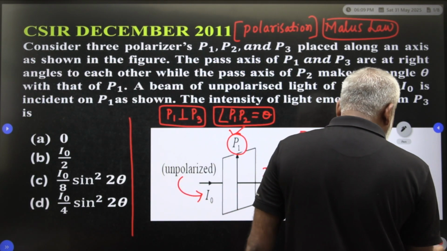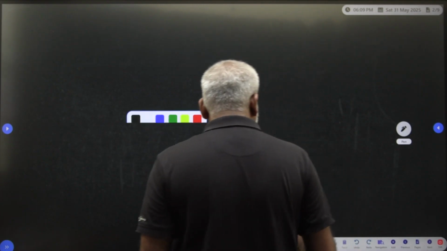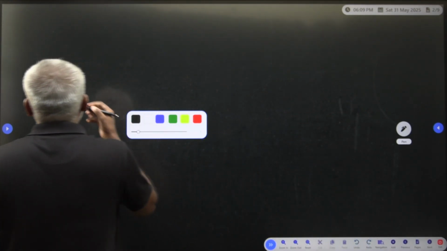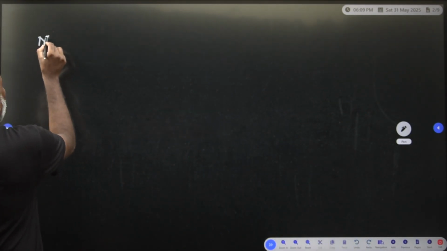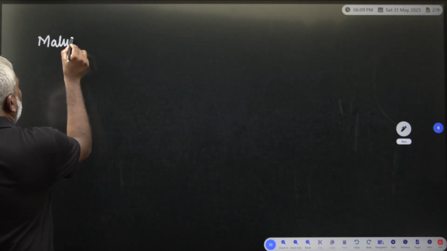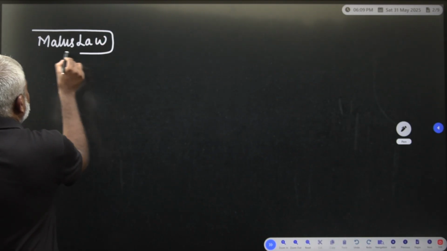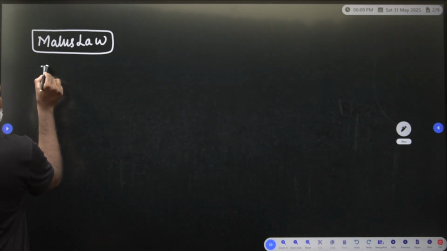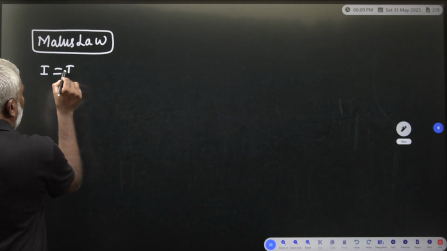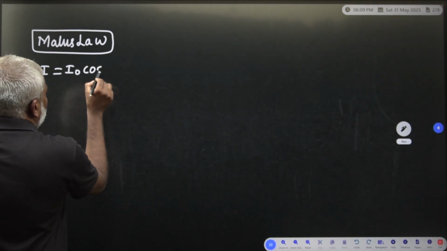I want to take a fresh page to discuss here. According to the Malus law, what is the definition? For polarized light, I is equal to I naught cos square theta.